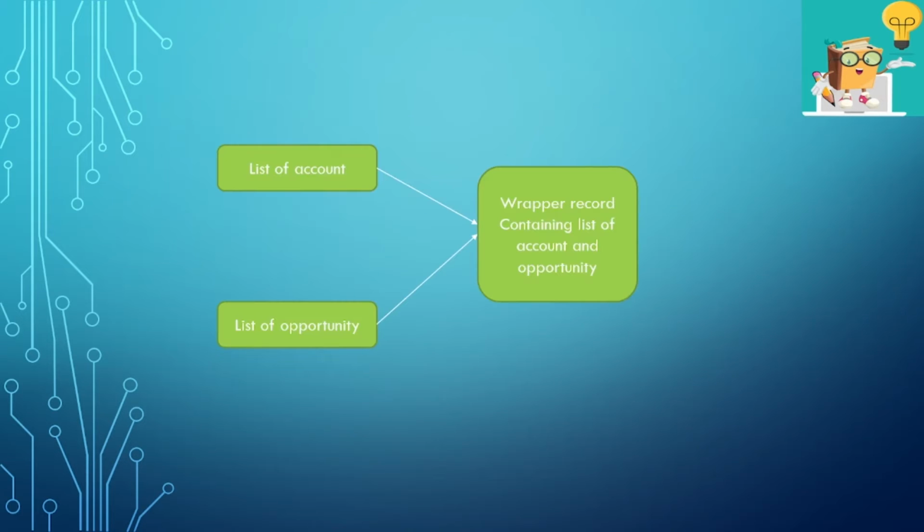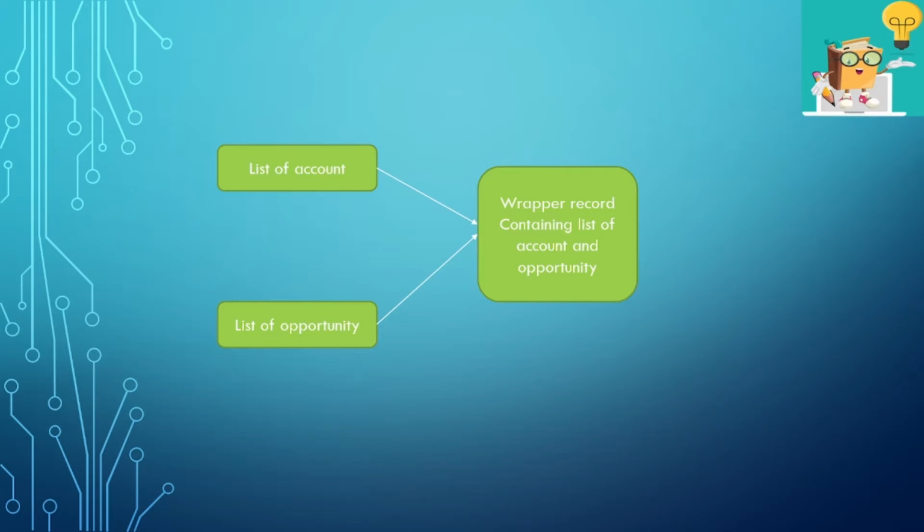So let's take a small example to understand what wrapper classes can do. Let's say you get a requirement where you need to write a method which will take an input as a string, and then you need to search in account and opportunities, and whatever accounts and opportunities contain this particular name, you need to return those records. But since you know that on any Apex method you have only one return type, if you go with the traditional way, either you can return a list of account or a list of opportunity.